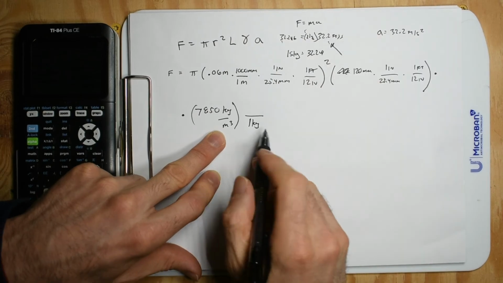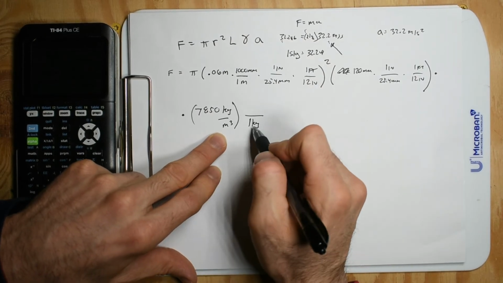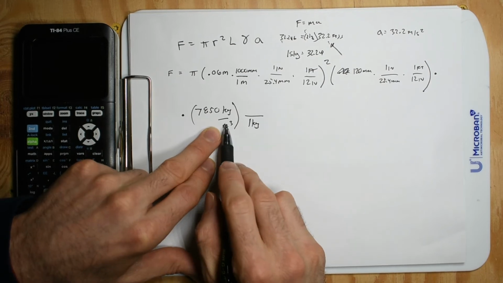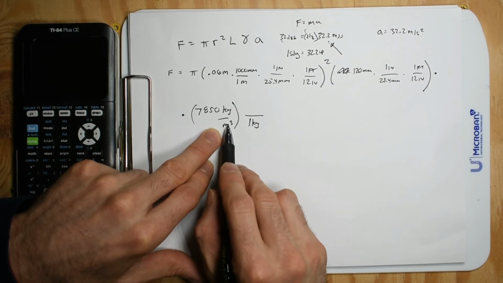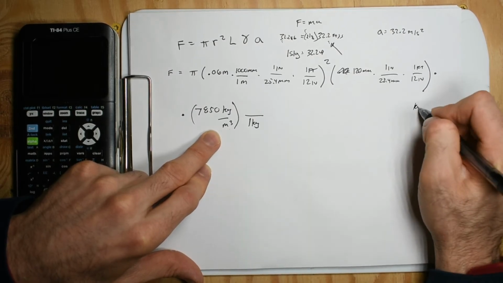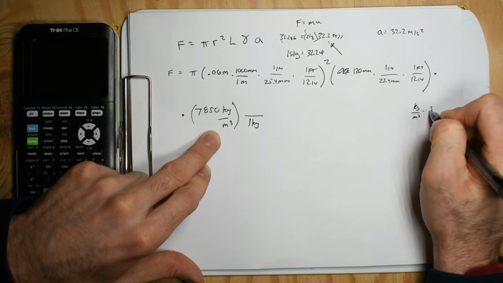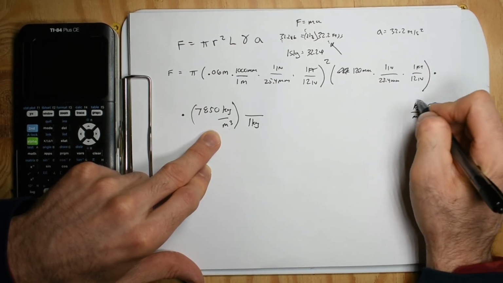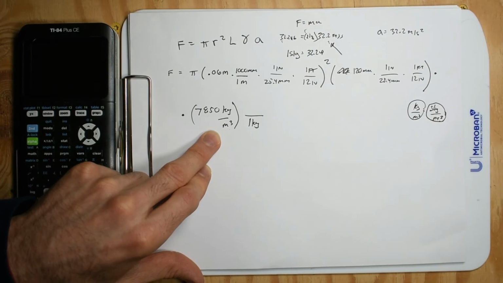Do this every time. And now we know that, oh, but right here, what do we want to change this to? I think we want to change kilograms per meter cubed to slugs per feet cubed. I think we want to keep with the mass per volume.